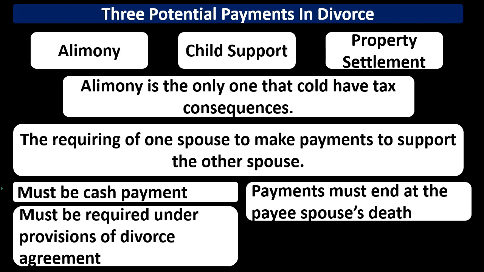And a lot of times, again, the language of the divorce agreement may not say, hey, this payment is alimony and this is child support. They may have language that says something like the payments will continue until the child reaches a certain age, or they may have language saying that the payments will cease upon the death of the spouse.